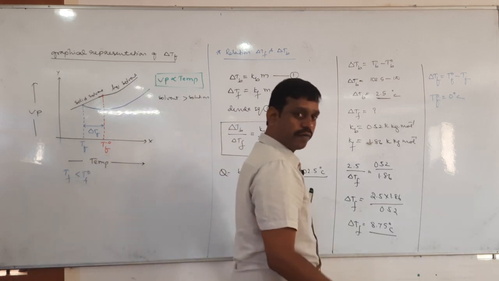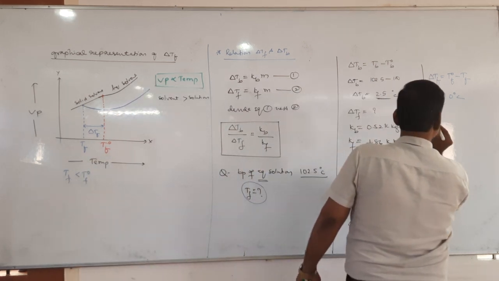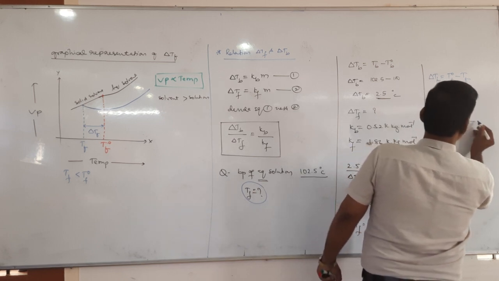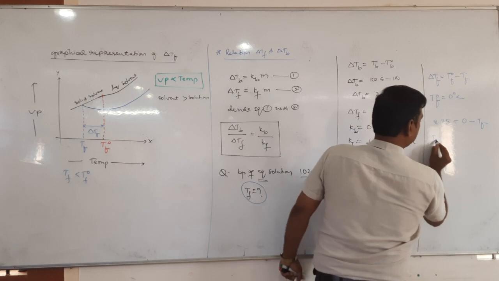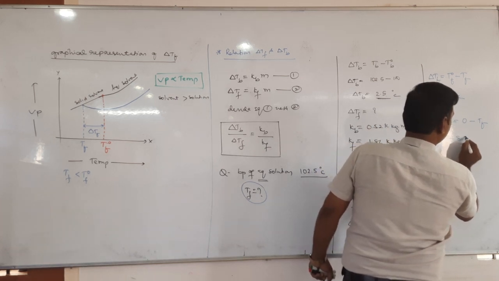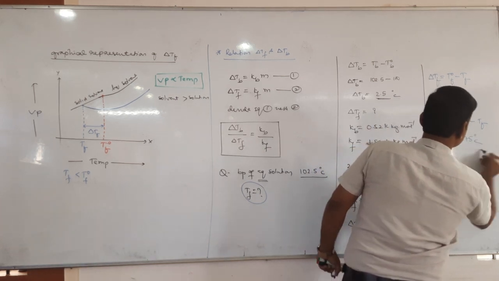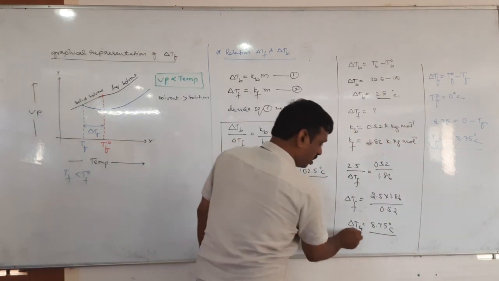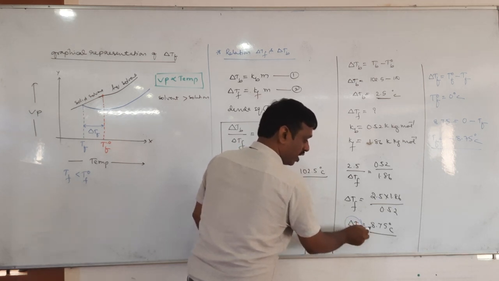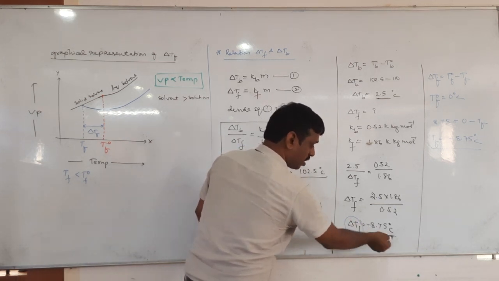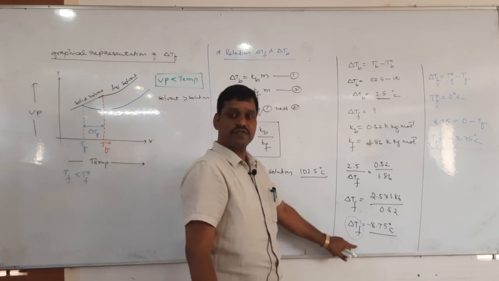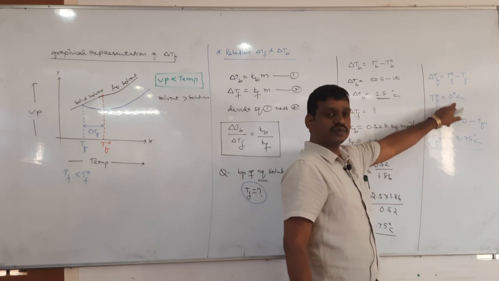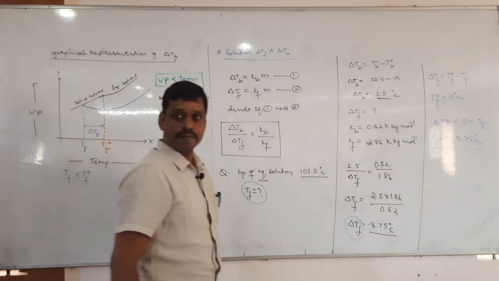Then delta TF, 8.75, equals 0 minus TF. Then TF equals minus 8.75 degrees Celsius. Finished. And remember, if you know delta TF, you make it negative and it becomes TF, since the freezing point of water is 0. Understand?